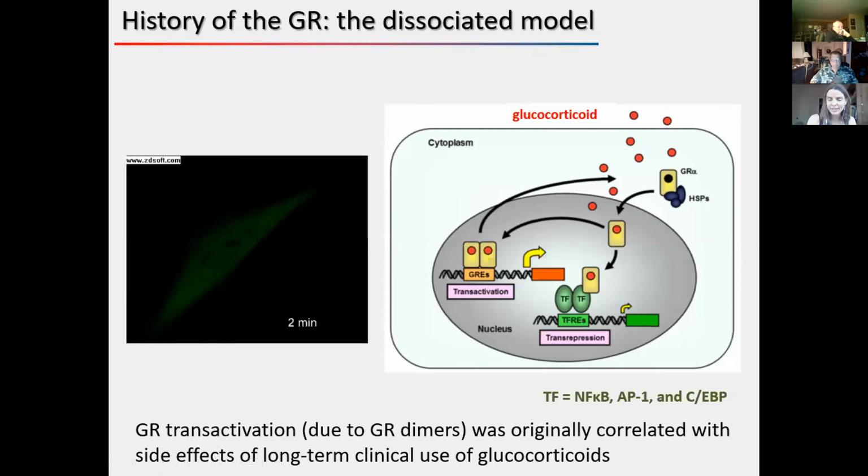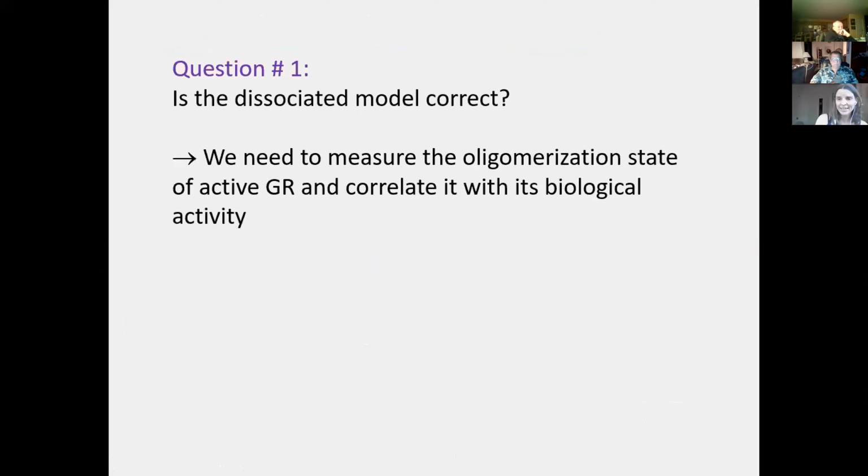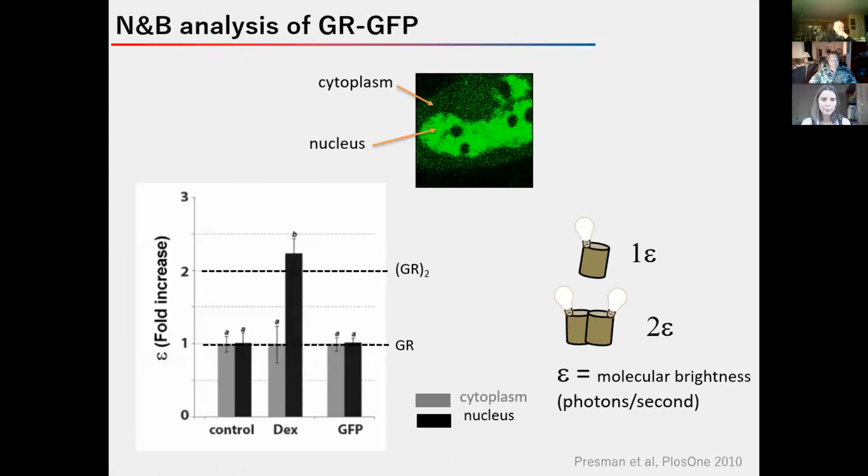So the first thing we ask related with the glucocorticoid receptor is, is this dissociated model correct? And to answer this question, we have to measure the oligomerization state of active GR and correlate it with biological activities. So when I say measuring oligomerization state, you have probably learned a lot of at least two techniques to do that.